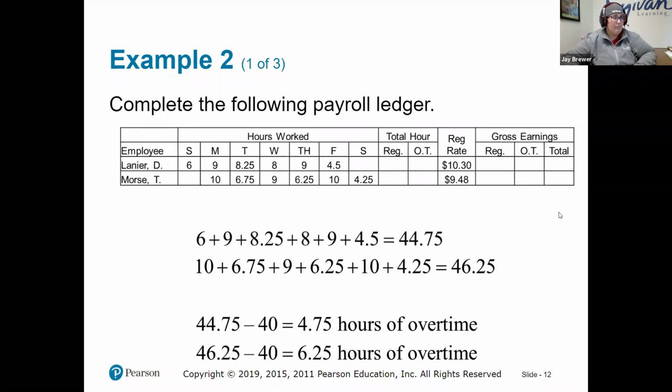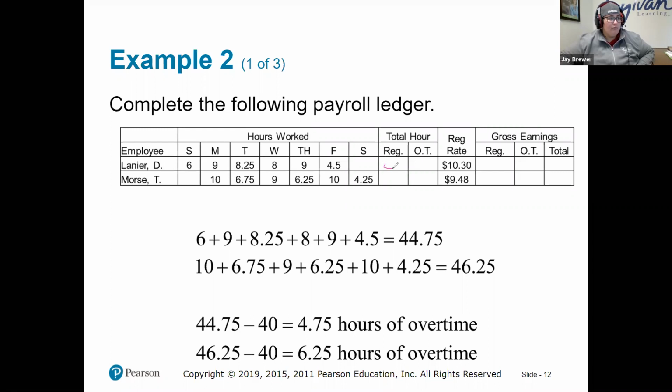All right, let's look at this example. Complete the following payroll ledger. So same thing basically. So we have this person. I don't understand why they can't give me first names. Their last names are so hard to pronounce. But anyway, employee 1 is going to be on the top.